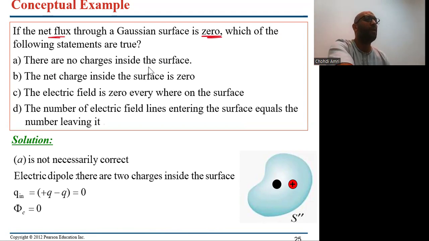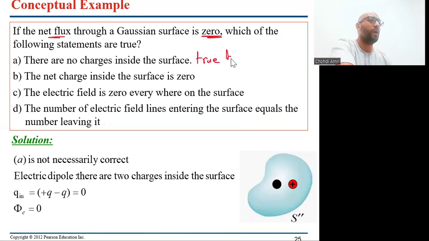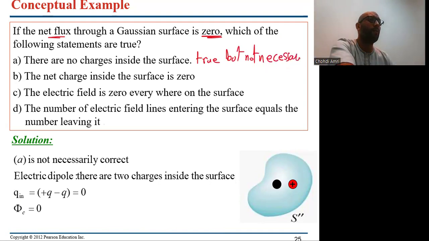Yes, it's true, but not necessarily. Why? Because sometimes there is a charge. Imagine that we have a positive charge and a negative charge.